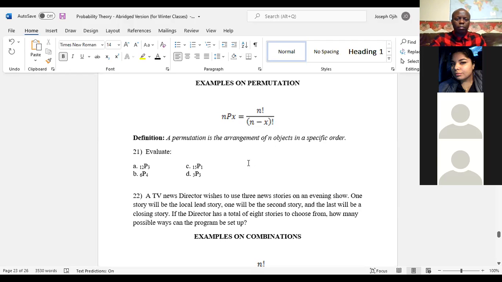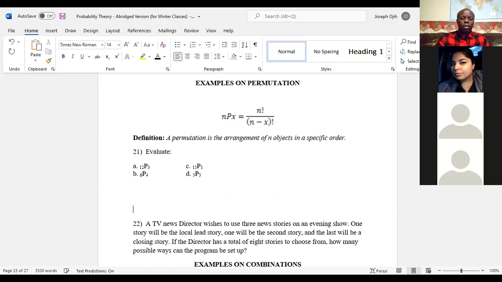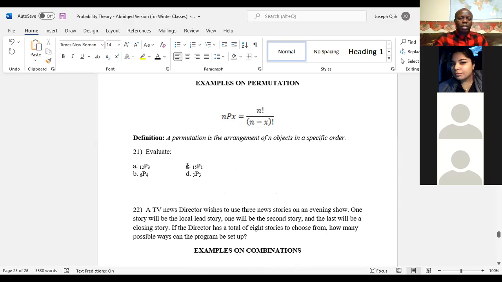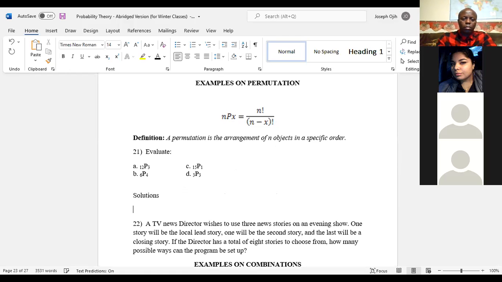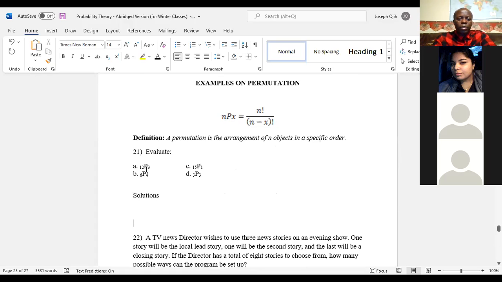So let's see how we can use that. The first one, solution. It says 12 permutation 3.